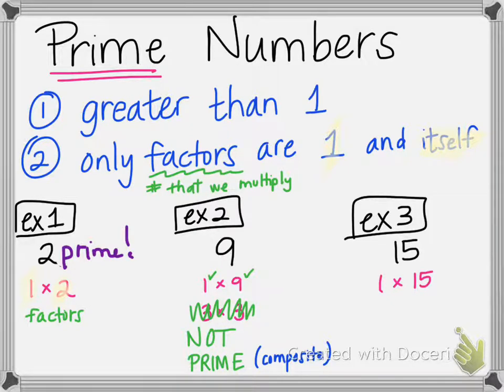Okay, so 1 and 15 do multiply to be 15. They are both factors. 2 does not multiply to get 15. However, 3 does. 3 can be multiplied by 5 to get 15. So unfortunately here again, I do have the factors 1 and 15, but then I have extra factors 3 and 5, and that means that 15 is not prime. It is one of those numbers that we call composite.